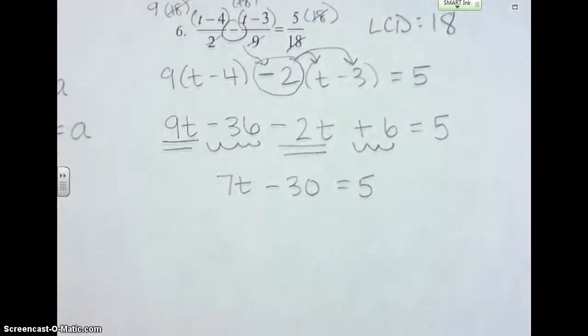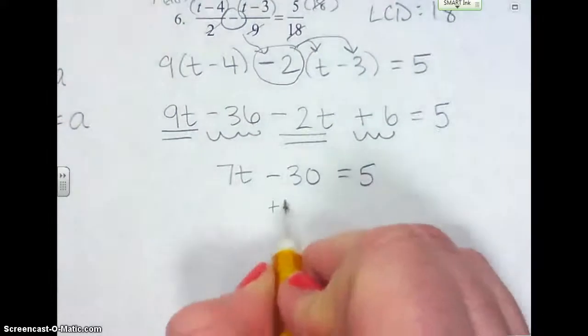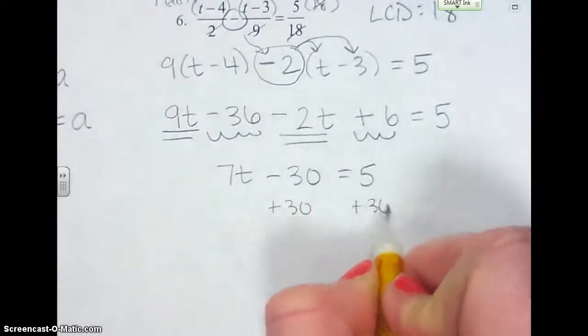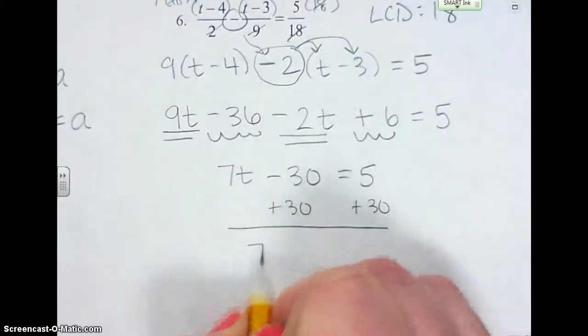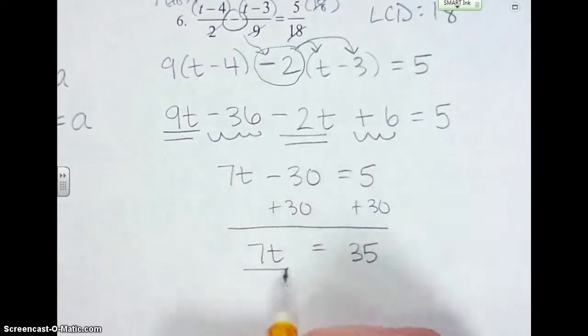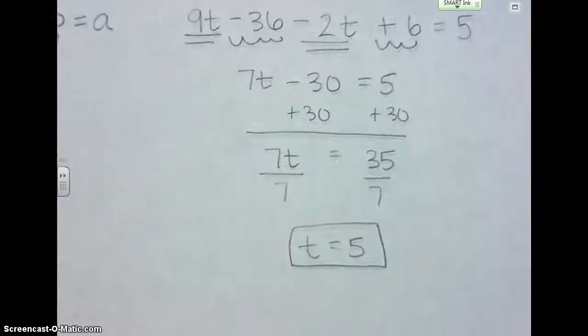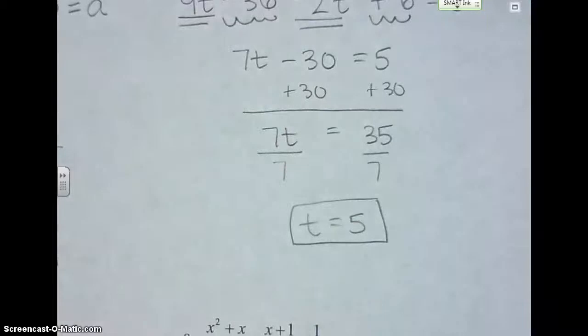How do you solve for t? Add 30 to the right. So 7t equals 35, and divide by 7. Any questions on 5 or 6?